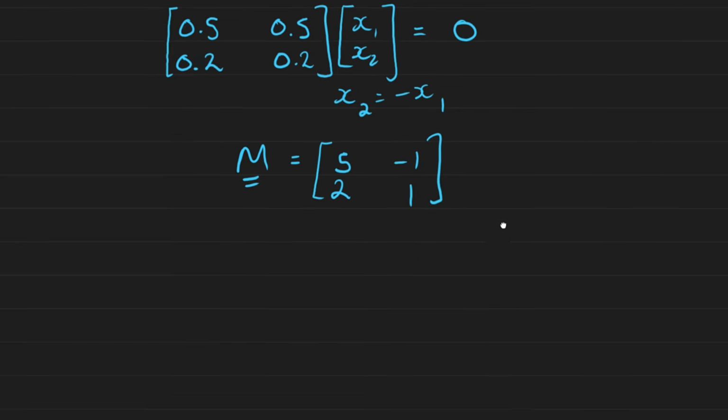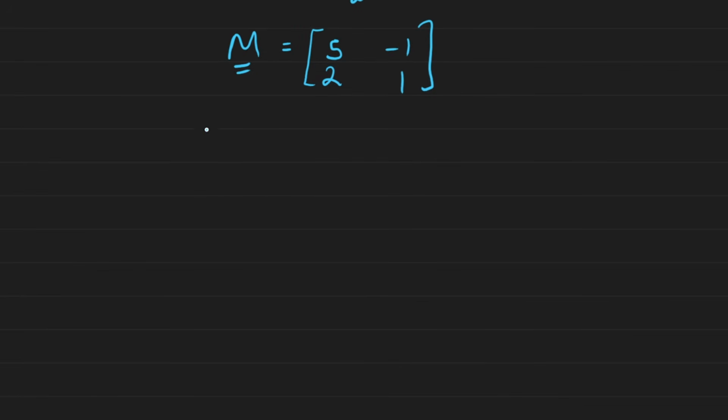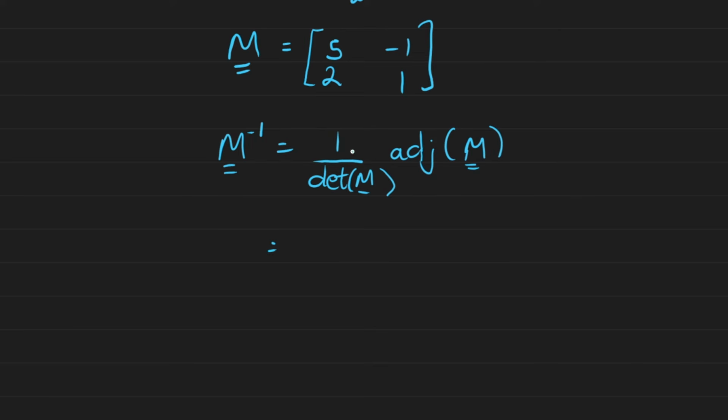The next thing we have to do is find the inverse of matrix M. That's M to the minus 1, and this is equal to 1 over the determinant of matrix M multiplied by the adjoint of matrix M. So 1 over the determinant: that would be 5 times 1, which is 5, and then minus 1 times 2, which gives us plus 2.